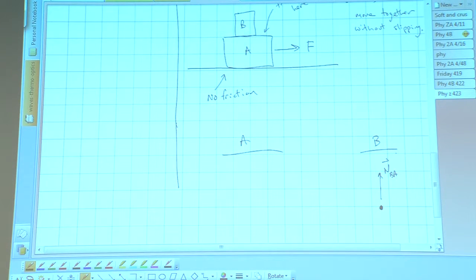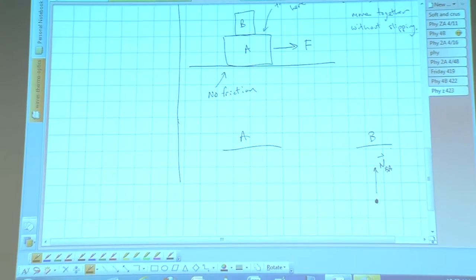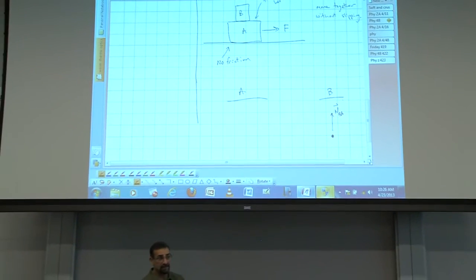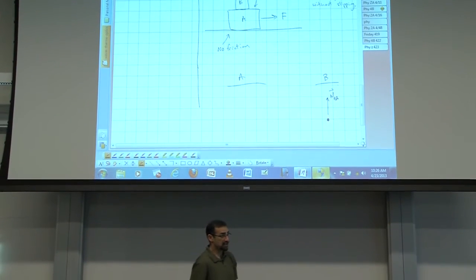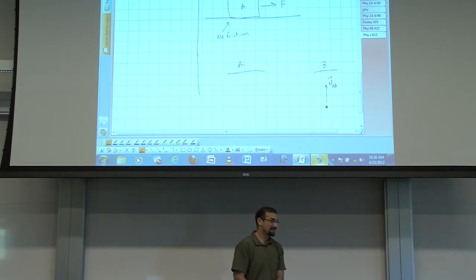What direction is the friction force? Block B is moving to the right. So you're used to the fact that friction is going to oppose that motion, right?